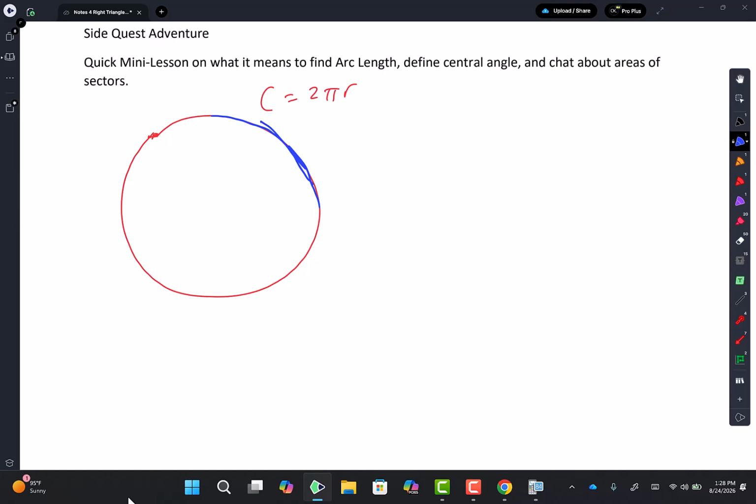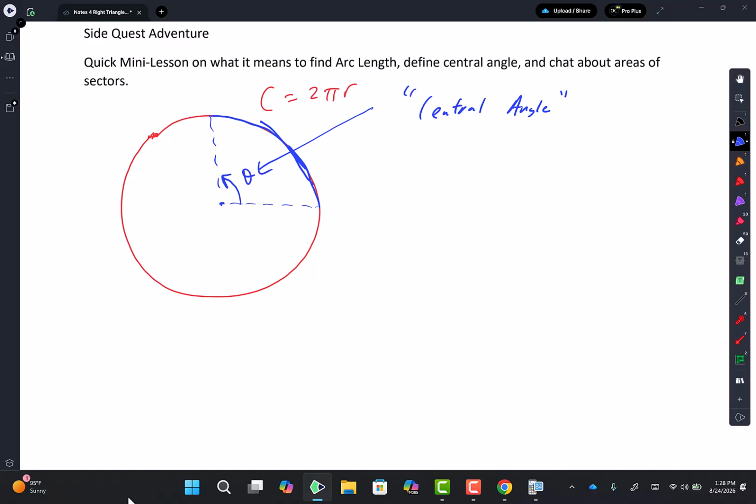And if I tell you a central angle, what's a central angle? That angle there is described as a central angle because it's in the center of your circle. Cool or not cool? Cool.